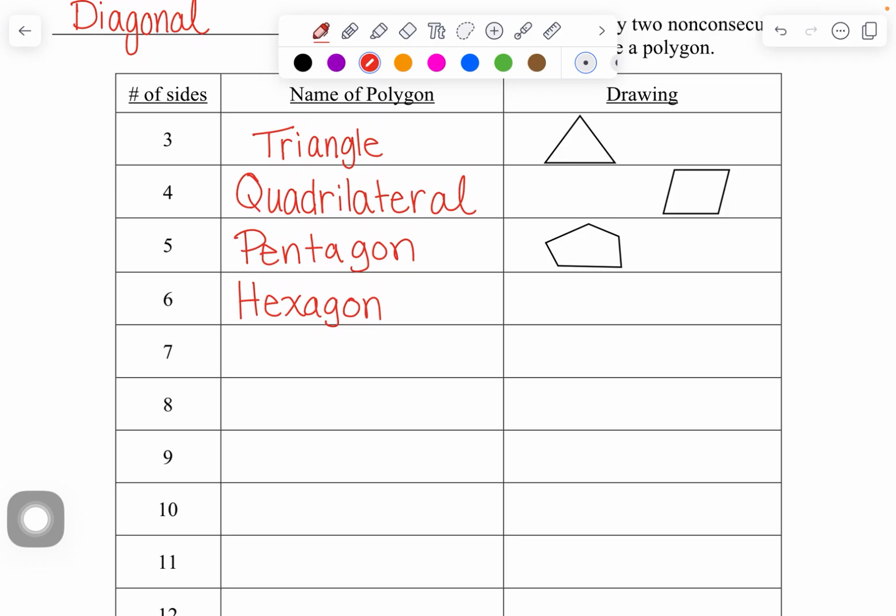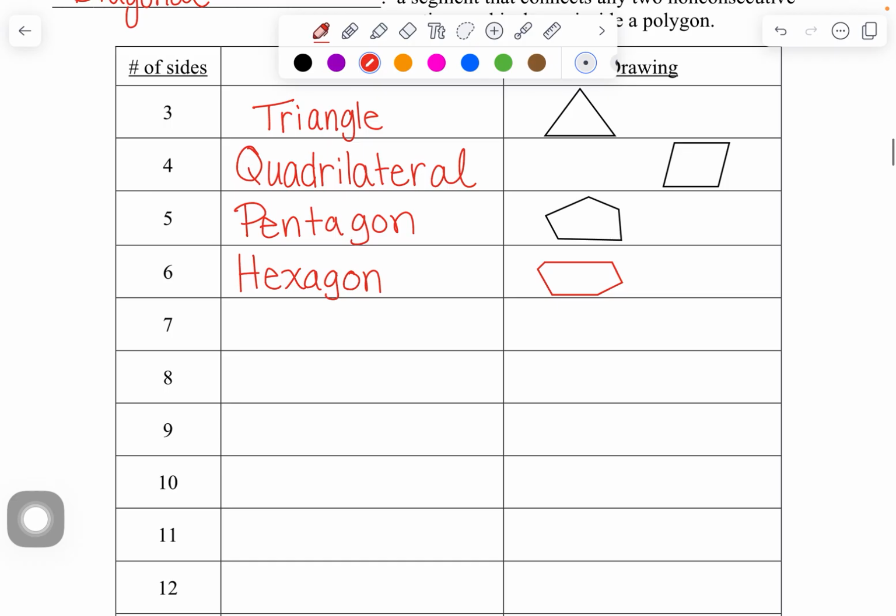But to be a hexagon, all it needs is to have 6 straight sides. No one said any of those sides had to have a consistent length or a consistent way that they are connected. As long as there are 6, 1, 2, 3, 4, 5, 6, that makes it a hexagon.